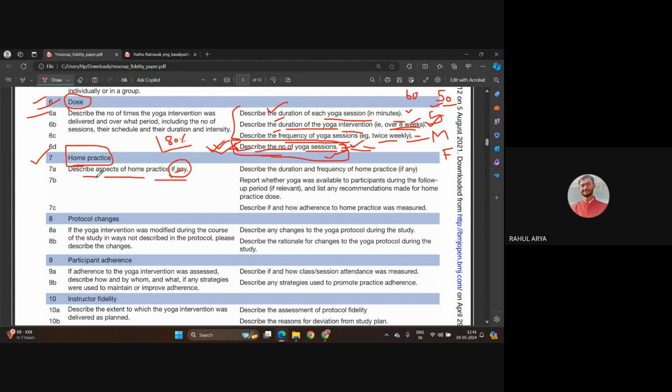They give the orientation for a one day, 7 days, and then they told same practice you have to continue till 3 months. Okay, for that kind of study this point is here. Okay, if you are providing in offline mode, then no necessary of this point. Okay, only for home practice.